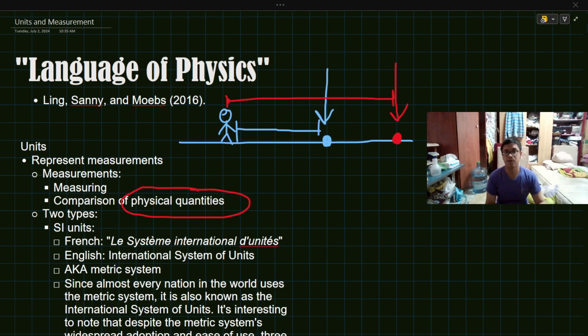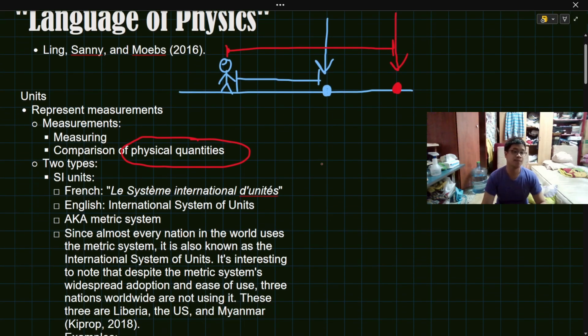Now, there are two types of units that we will be applying in the future discussions. First is the SI unit. SI stands for International System of Units. So it should be ISU, not SI, right? But why is it called SI in English, International System of Units?